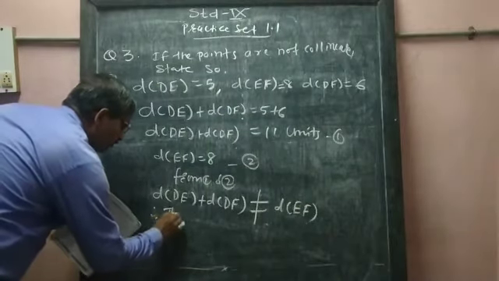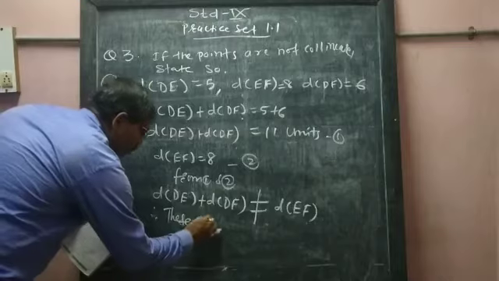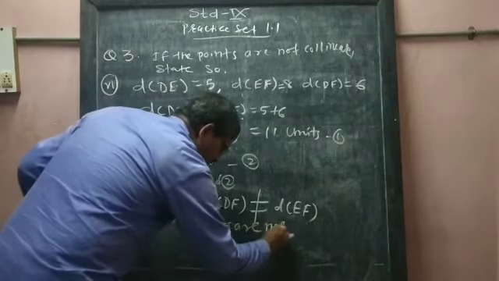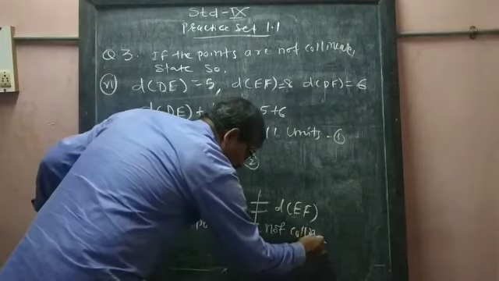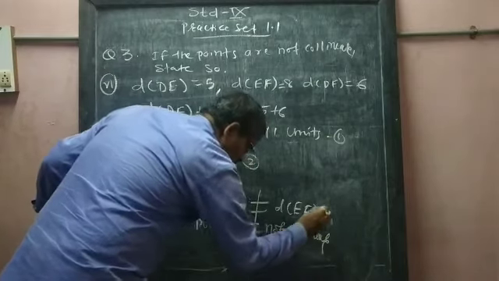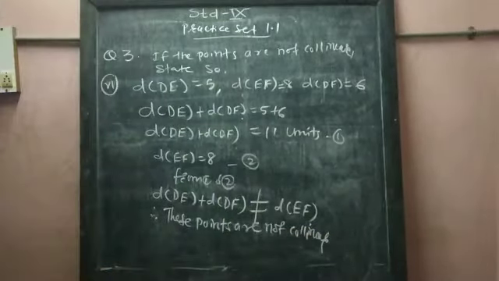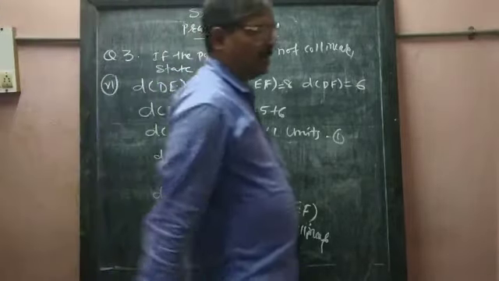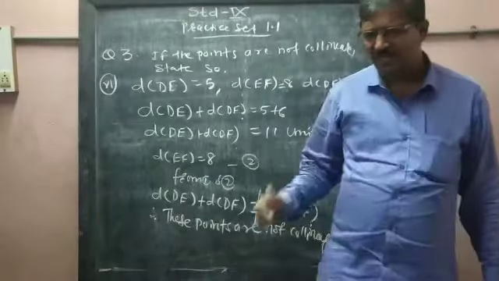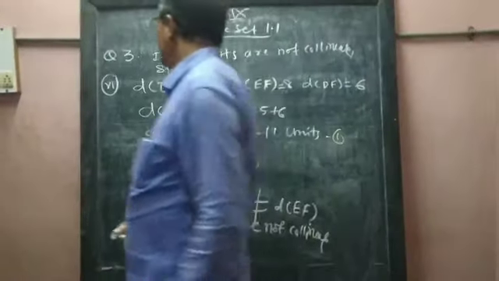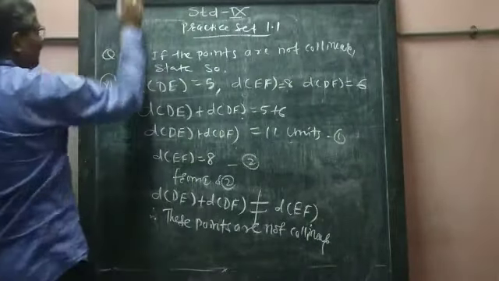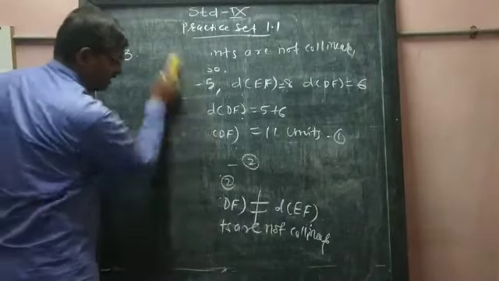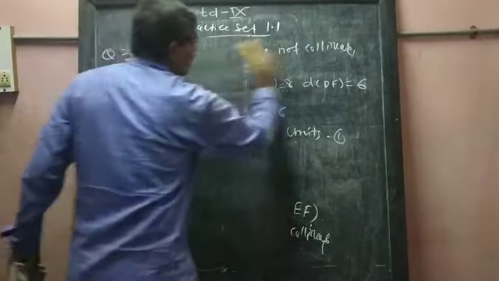Therefore, these points are not collinear. It becomes more, so not collinear. If it is less, it is also not collinear; it must be equal. What condition decides whether points are collinear or not?